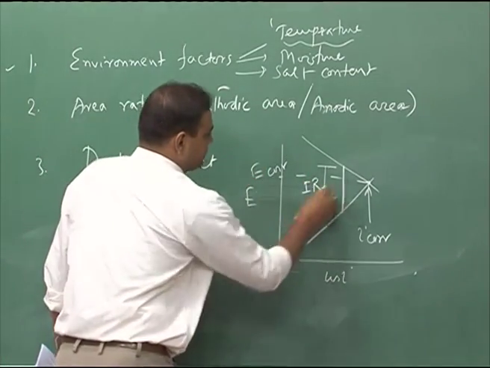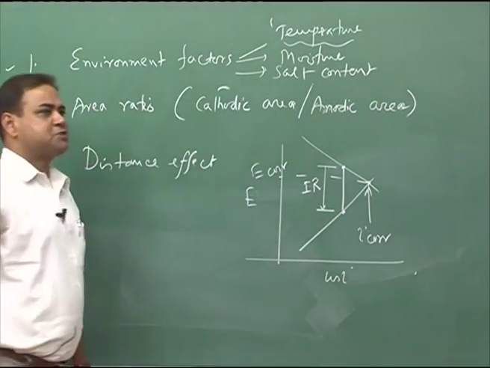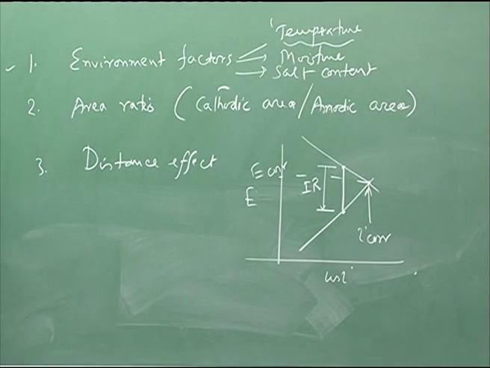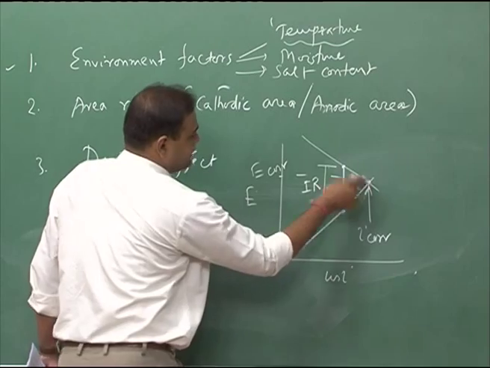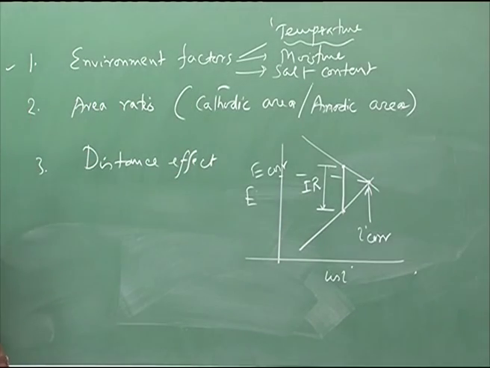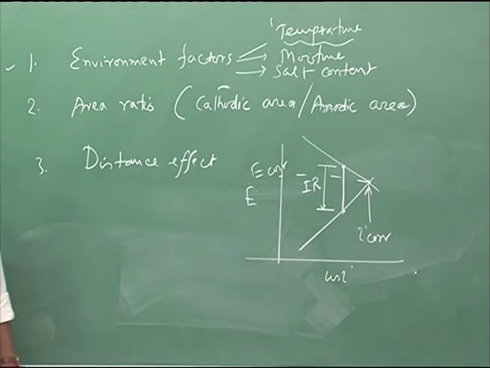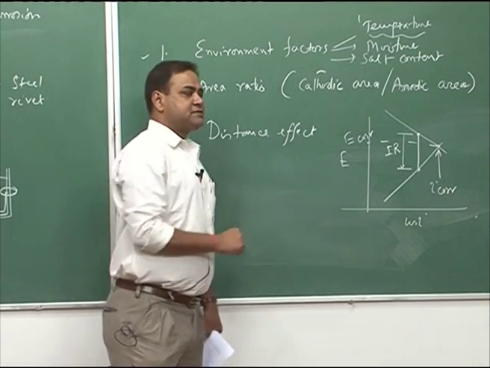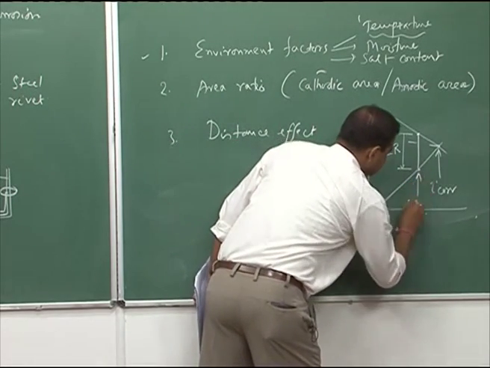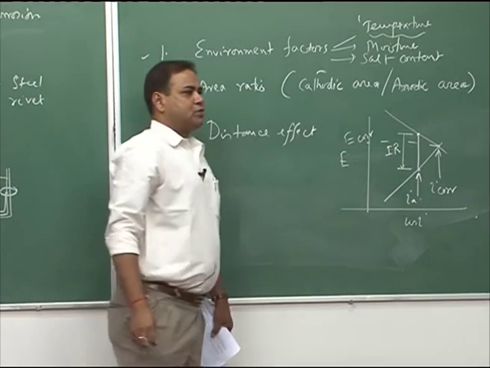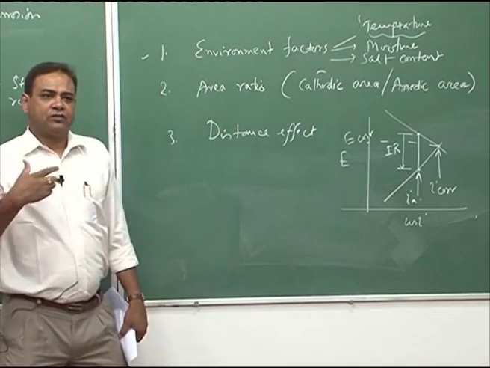If there is IR drop, then my corrosion current, or the current density corresponding to anodic dissolution, is from here to here. Initially it was here when the electrolyte was highly conducting, but in this case the electrolyte conductivity has reduced, or the other way around, electrolyte resistance has increased and there is IR drop, and so the current density corresponding to I A has decreased. So, the corrosion rate has also decreased.